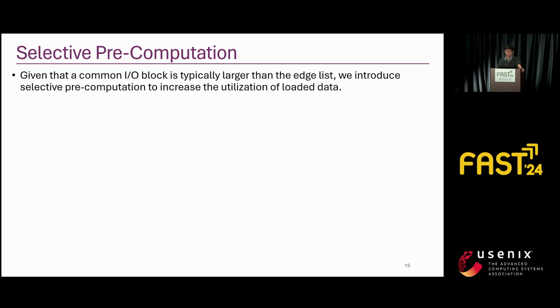So this mismatch can actually provide us the chance to process the current active vertex and the future active vertex simultaneously, so that we can increase the utilization of the loaded data, and therefore we can reduce the total I/O.